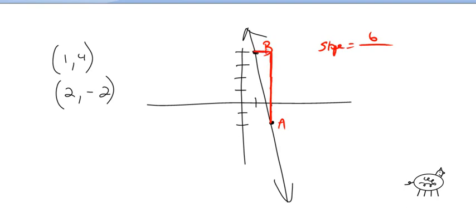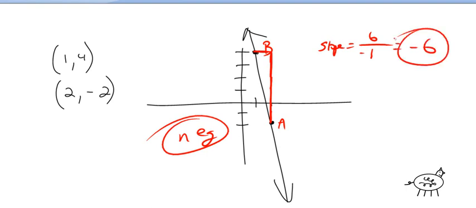So I'm going backwards 1. So negative, right? And you know this is a negative slope because you see it's going downhill. So my slope is negative 6. Right, pretty easy. It's just rise over run, and just counting. Make sure you're careful with whether it's negative or positive.